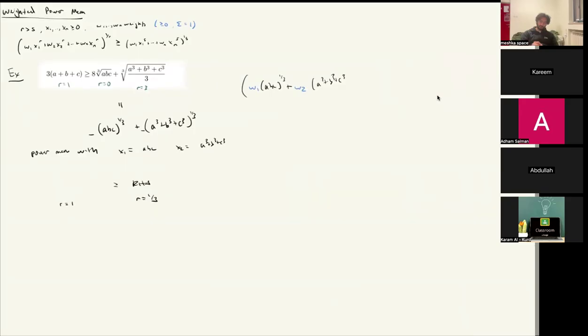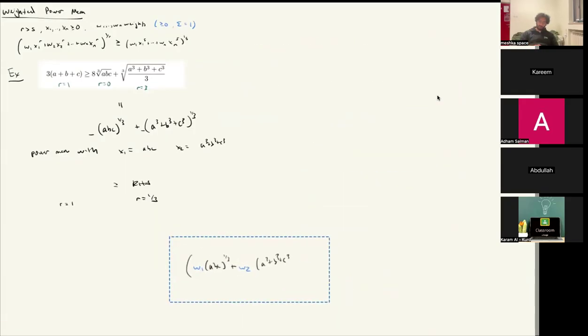So I'll have this to the 1/3 and this cubed. This is the r equals 1/3 power mean, and I'll compare it to just the regular r equals 1. So this will be some weight times ABC plus some weight times A cubed plus B cubed plus C cubed.